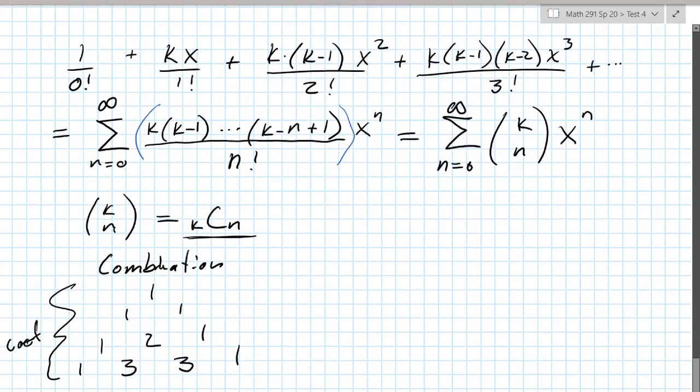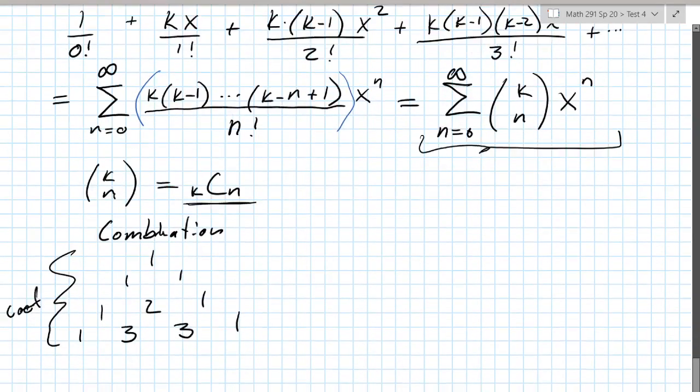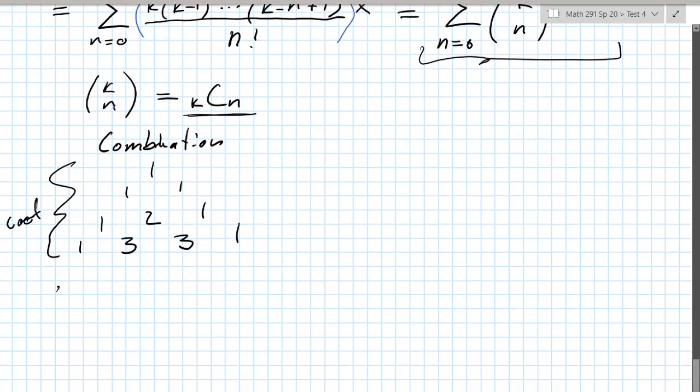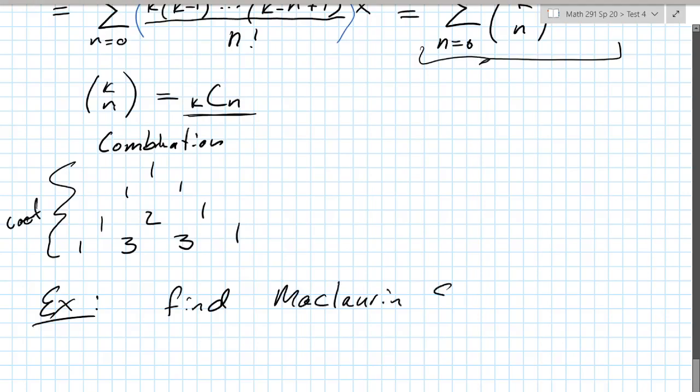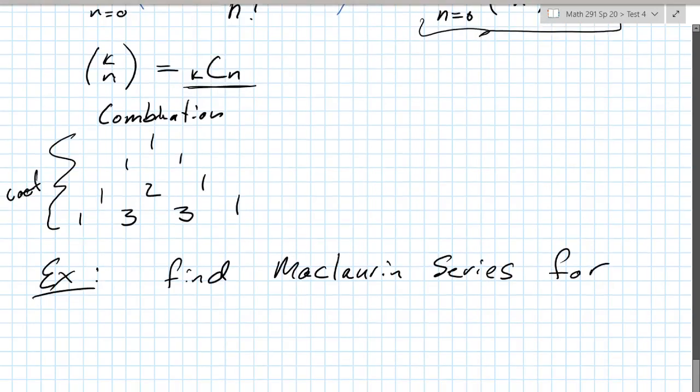Okay, so we want to be able to use this to work a problem. So here's the question. Find the Maclaurin series for, how about something simple? 1 over the square root of 1 minus x.